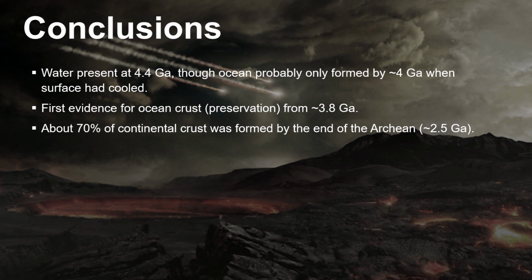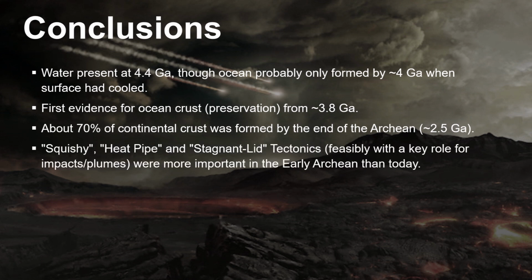And we had this transition in Earth history from the magma ocean through to a functional plate tectonic system, where it went through various regimes, which may have included squishy tectonics, heat pipe tectonics, and stagnant lid tectonics, where the plate is basically one major plate on the surface of the planet.